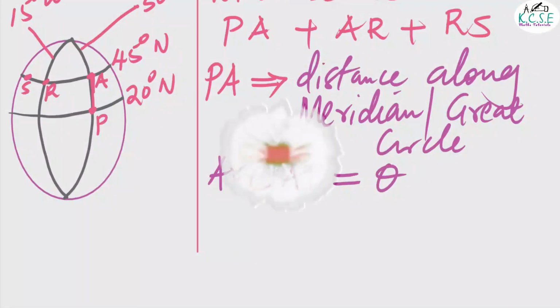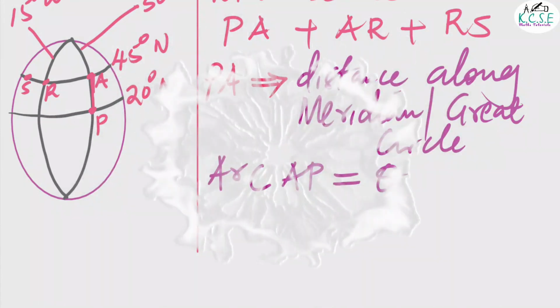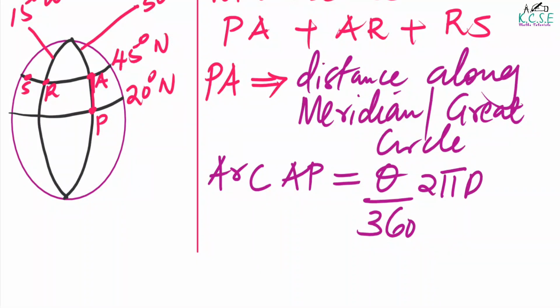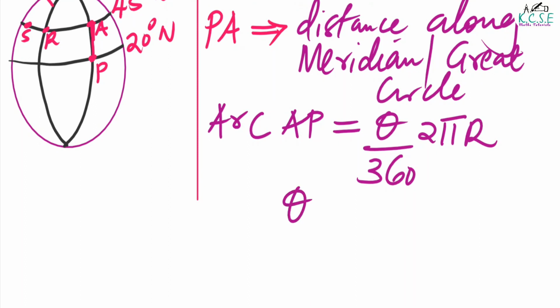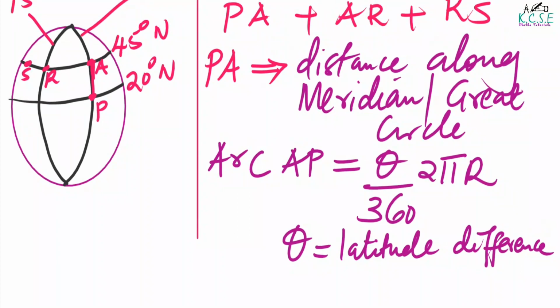We get the distance along the great circle or along the meridian by taking theta over 360 times 2 pi r, where theta is the latitude difference. In this case, you can see P is at 20 degrees north and A is at 45 degrees north.